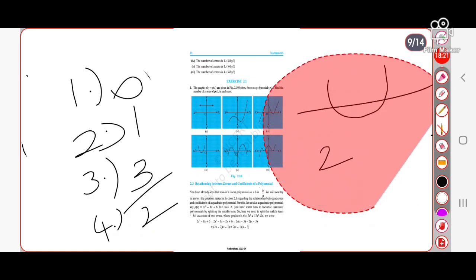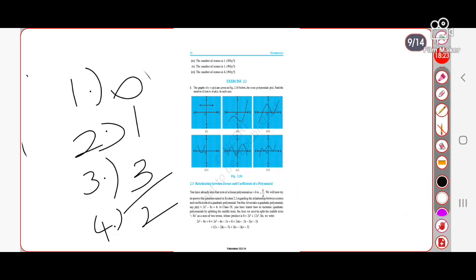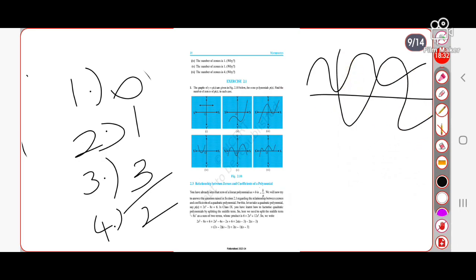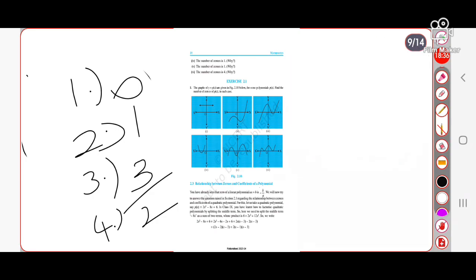For the fifth one, again you have to see, when a curve is complex like this or like this, we have to clearly see how many times it is literally touching the x-axis. So for the fifth one, 1, 2, 3, 4. 4 times it is touching the x-axis line.